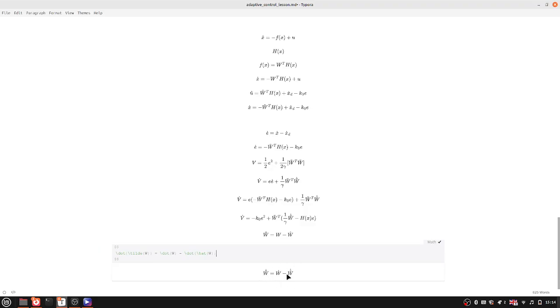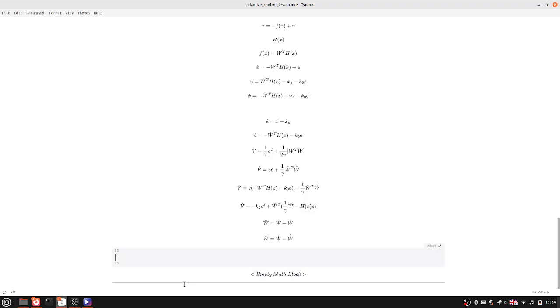I mean, it's a vector, a column vector, but they're all constants. So the first derivative is 0. So we can say that W tilde dot is equal to minus W hat dot.